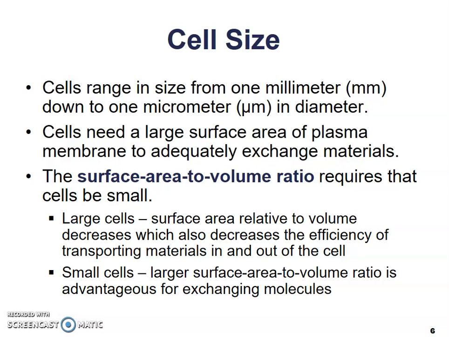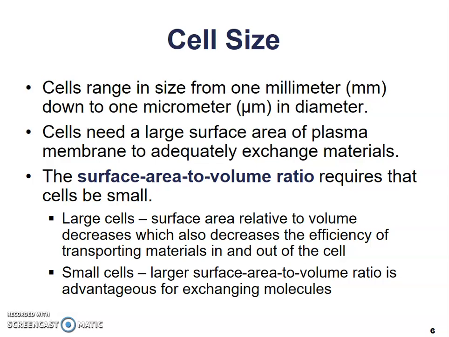In large cells, surface area relative to volume decreases, which also decreases the efficiency of transporting materials in and out of the cell. So imagine Walmart, okay, very big corporation, very big building, lots of things going in and out. If they only had one register for you to purchase stuff, it would take forever for things to get in and out.